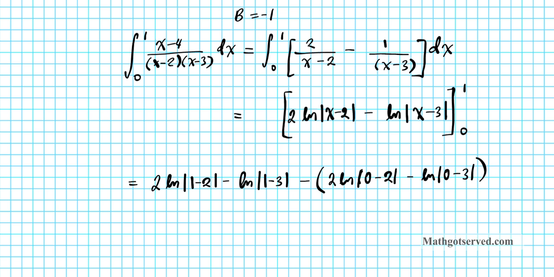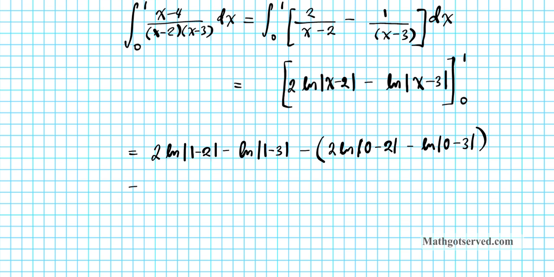Let's simplify this. This becomes 2 times the natural logarithm of 1, because this is negative 1, absolute value is 1, minus the natural logarithm of 2. 1 minus 3 is negative 2, absolute value is 2, minus 2 times the natural logarithm of 2. And then minus times minus becomes plus the natural logarithm of 3.